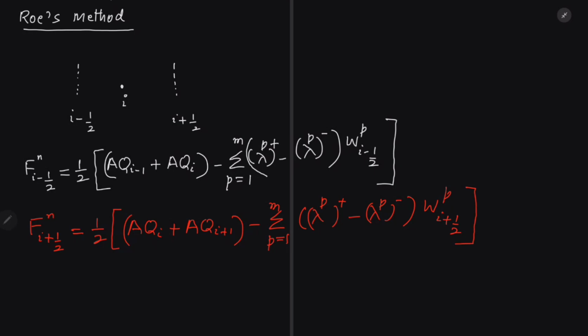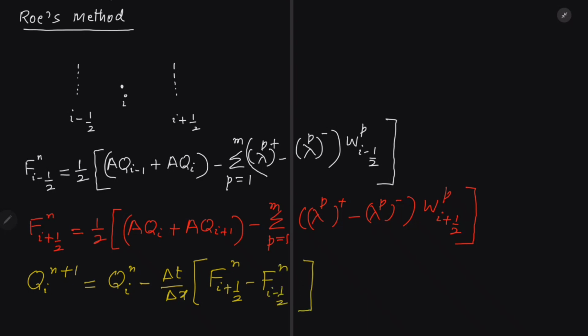When you put these values in the method, the method was q n plus 1 at I equal to q n i minus delta t by delta x of f at I plus 1 half minus f n at I minus 1 half.